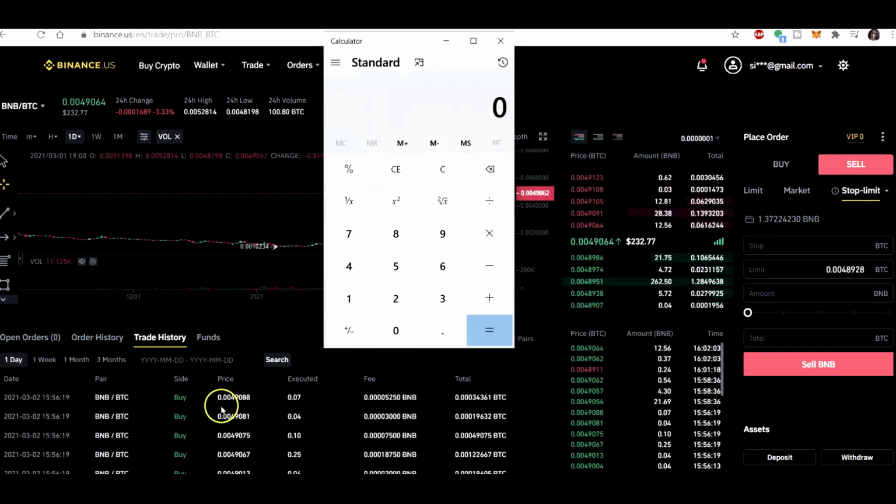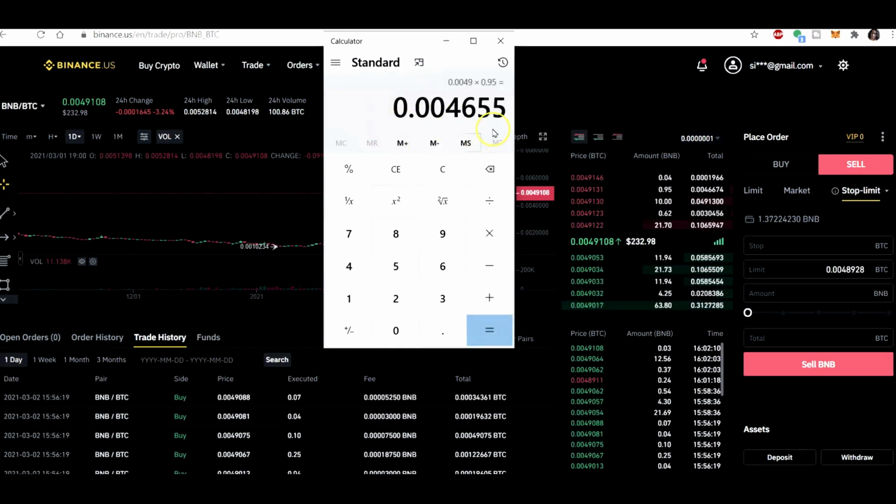So on average, I bought it at 0.0049. I want to ensure that if the price of BNB falls 5% below 0.0049, then I want my stop loss to trigger and exit me from the trade.